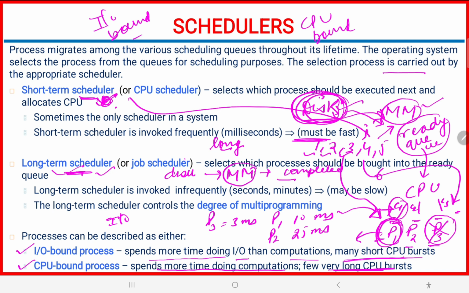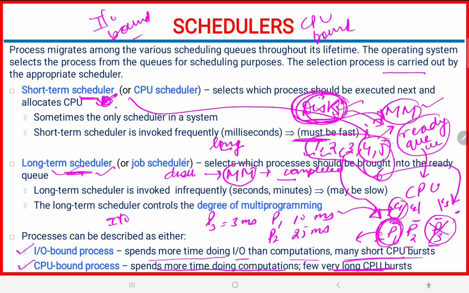For example, earlier there were 6 processes in the main memory executing with the CPU, so we can assume the degree of multi-programming is 6. Suppose processes 4 and 5 have completed.